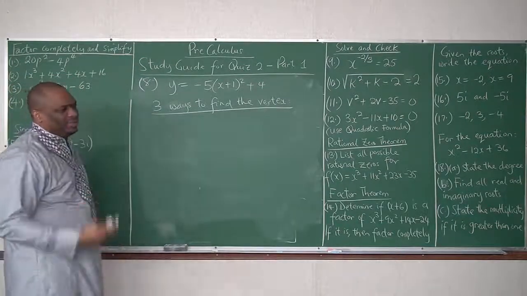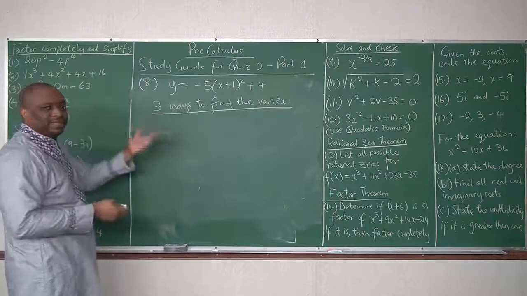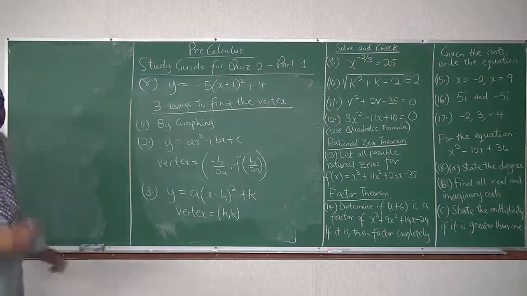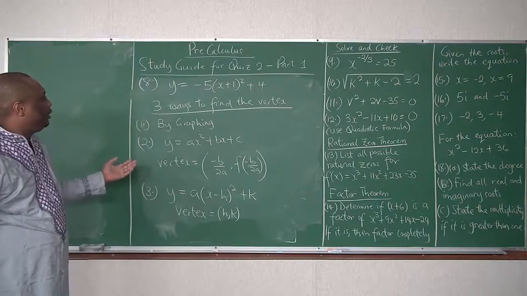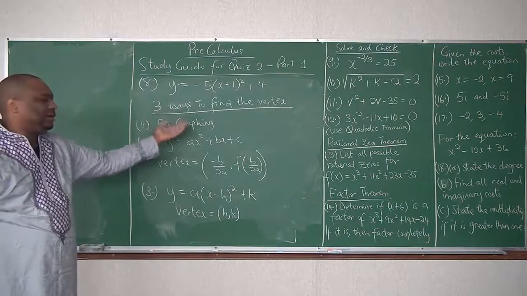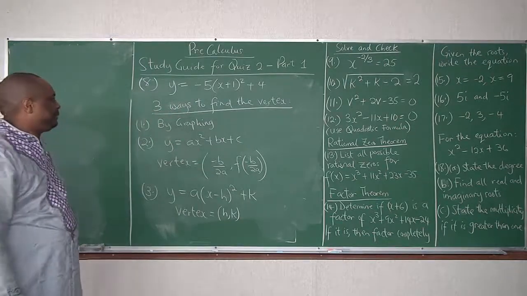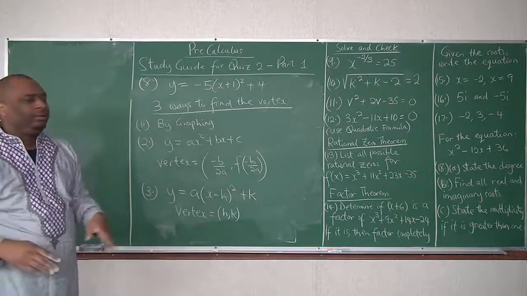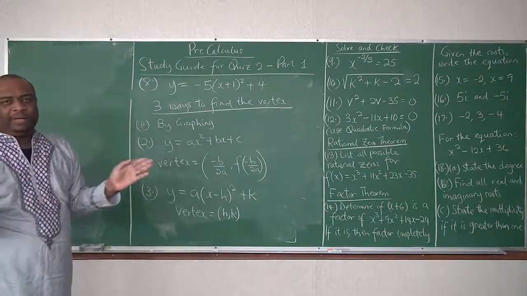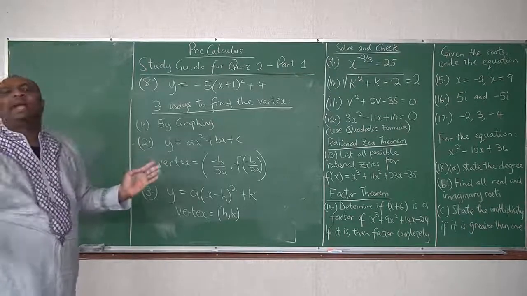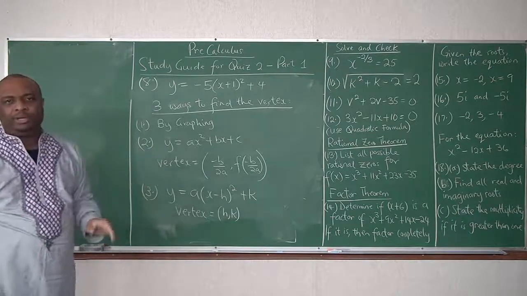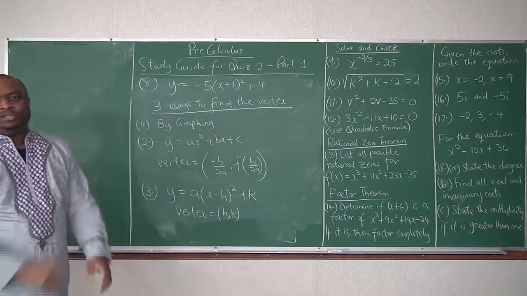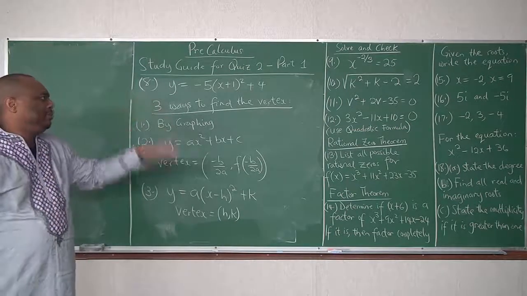But I'll teach you the easiest way I like to do this kind of question. You can find the vertex by graphing. You can put this in a graphing calculator and trace your point to find the maximum point.